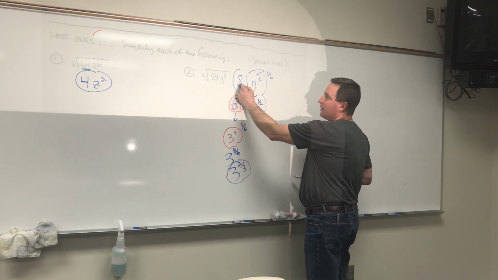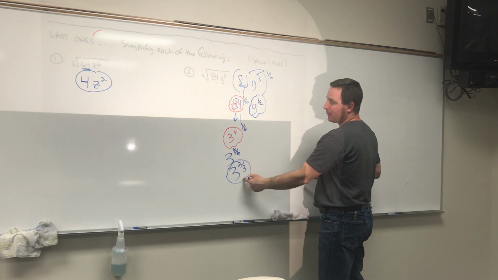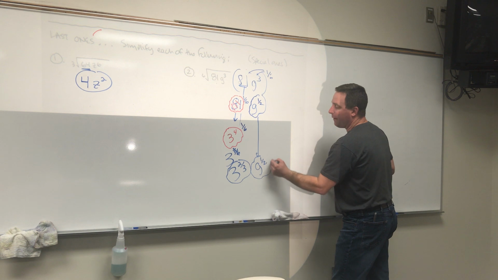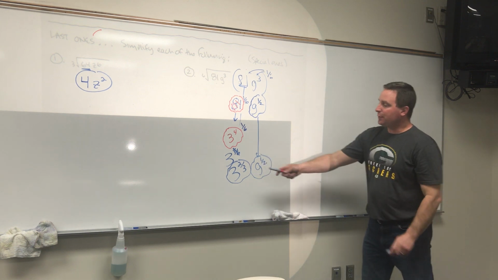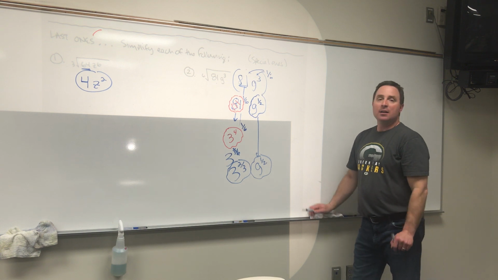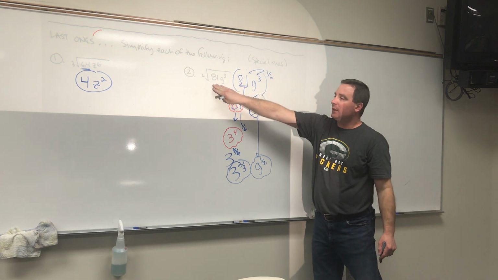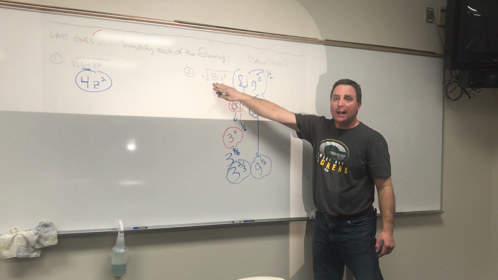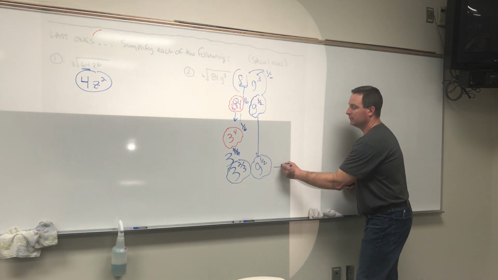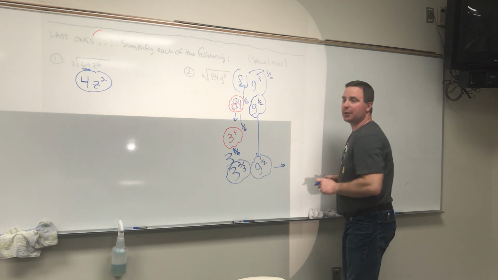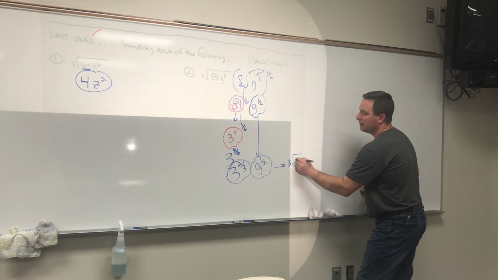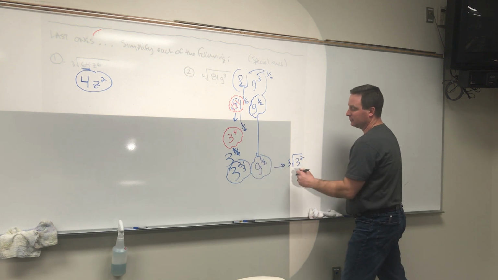So I change my 81 into 3 to the 2/3 and g to the 1/2. 2/3 is as far as I can go in terms of fractional exponents. But last thing here, the problem started in radical form, so I need my answer to be in radical form. How do I change 3 to the 2/3 back to radical form? Well, it's the cube root of 3 squared.